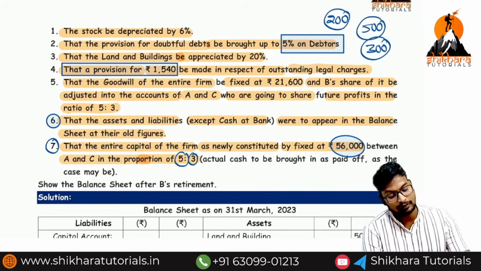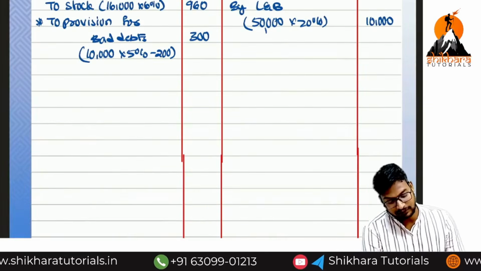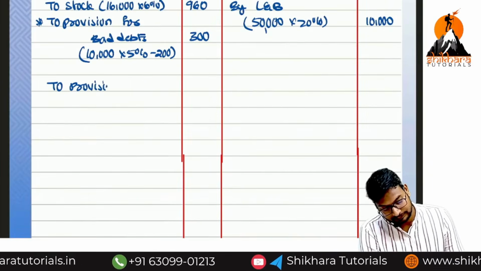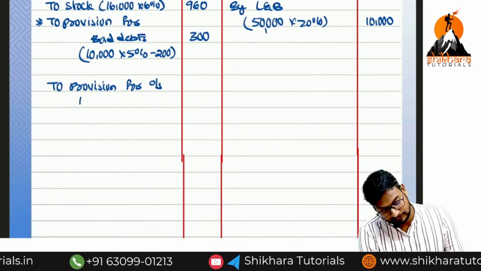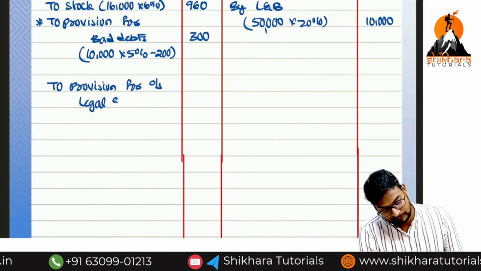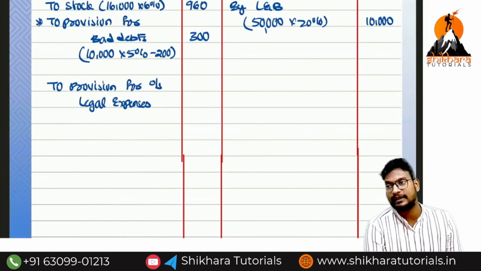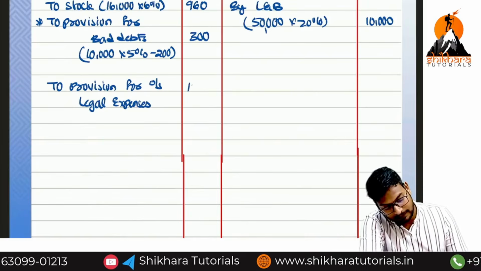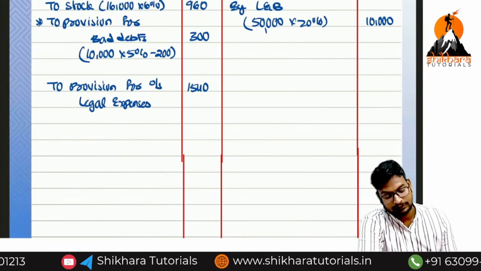Need to create for outstanding legal expenses. So okay, to provision for outstanding legal expenses. How much, Amma? 1540. Completed. So next what we need to do?